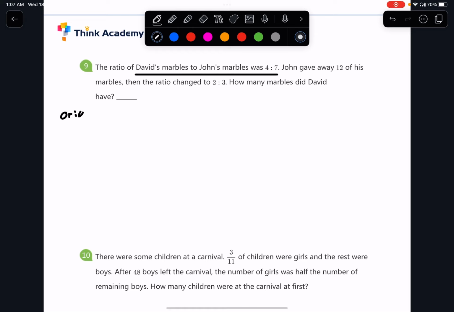So let me write it down first. Originally, the ratio between David and John is 4 to 7. So David has 4 marbles and John has 7 marbles. When David has 4 marbles, John will have 7 marbles. Okay, so now John actually gave away 12 of his marbles.